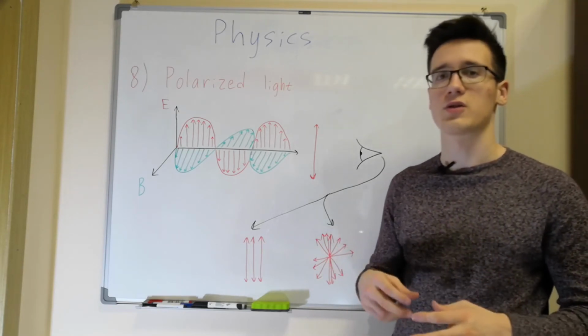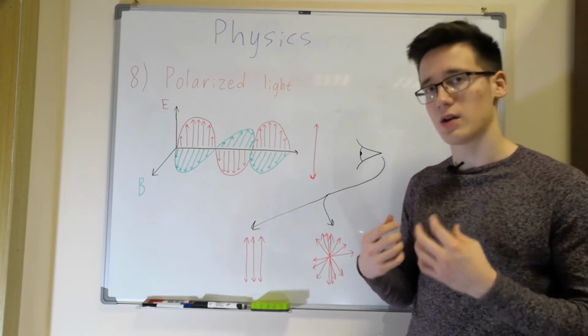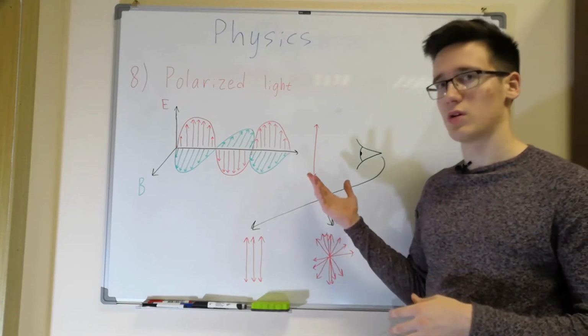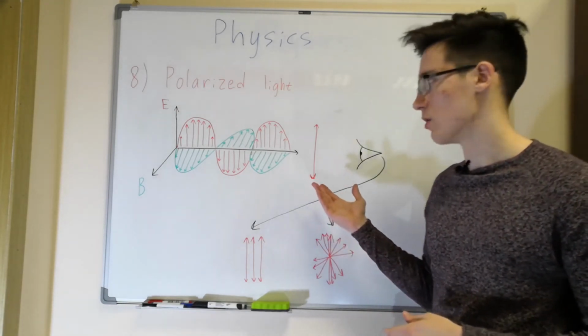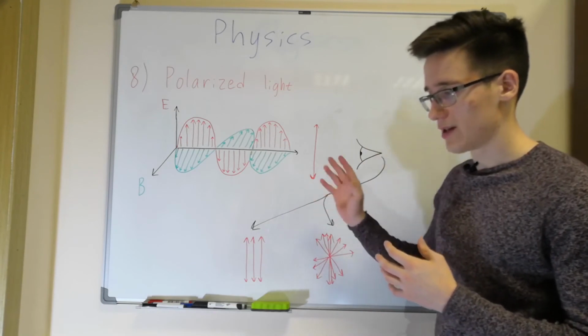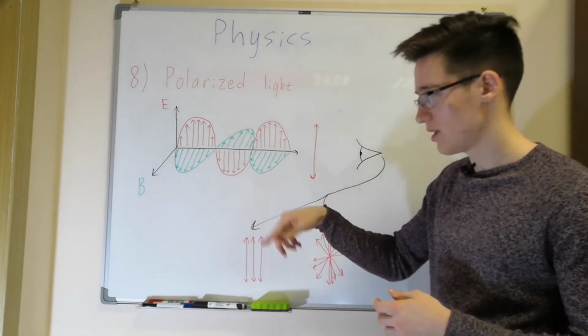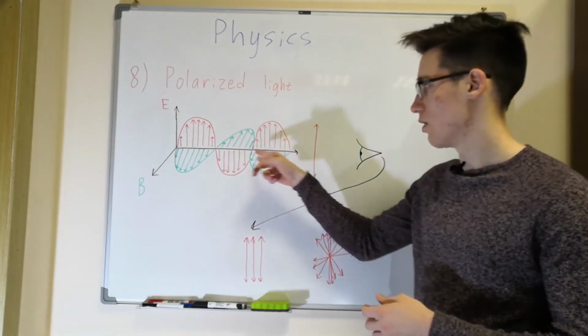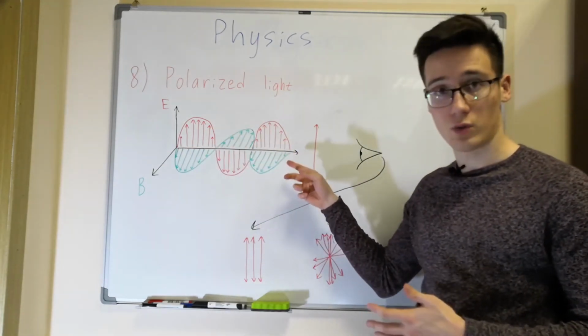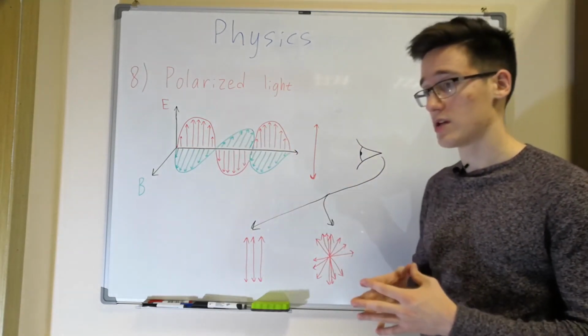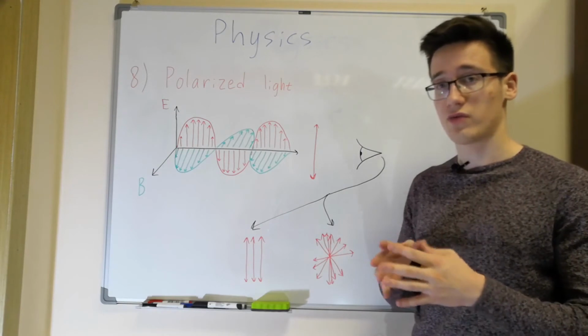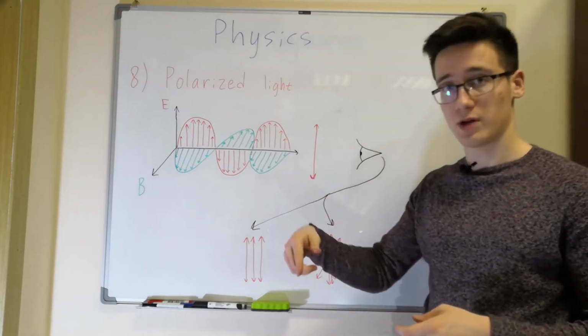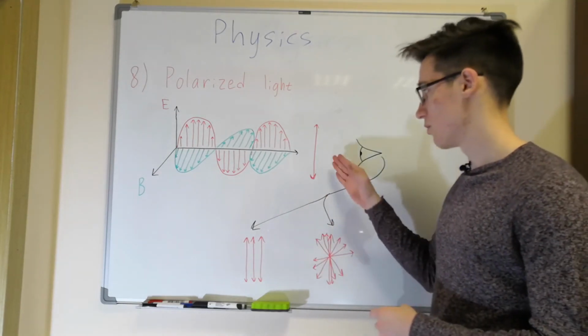As a particle, it is called a photon, and as a wave, it is called a light wave. Sometimes the electric field will circulate around the axis of the propagation of the wave, but in most cases the electric field fluctuates in a plane, and this is called linear polarization.